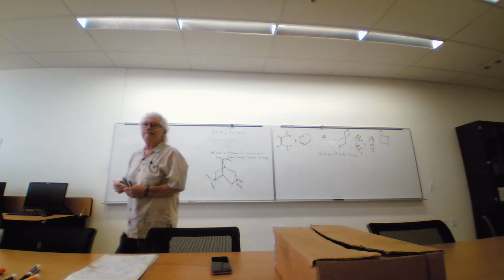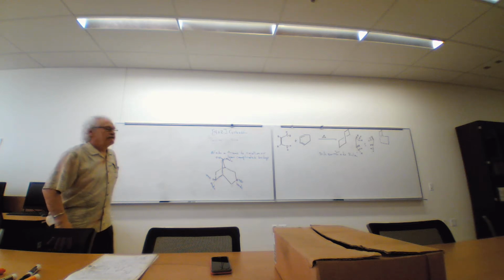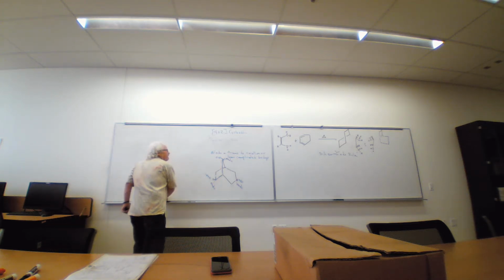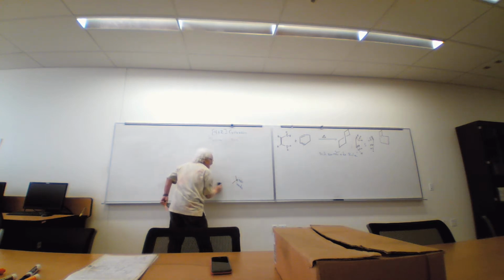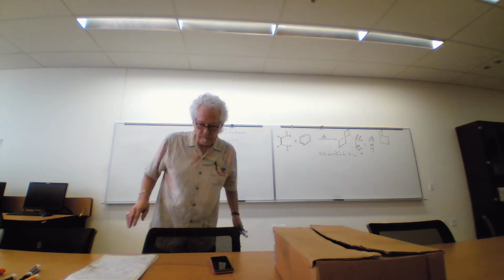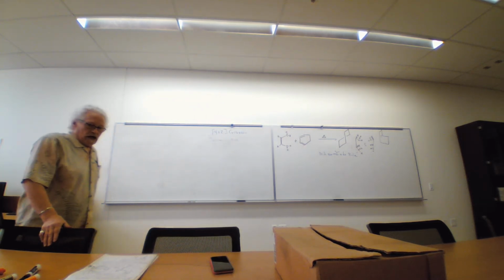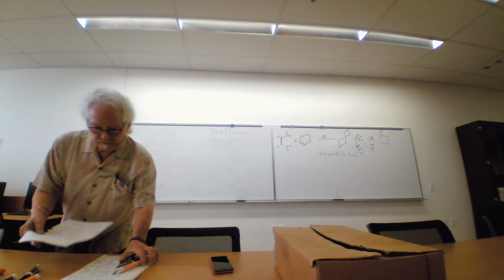Okay. Endo. And that's why the aldehydes are down. Excuse me. The fact that they are endo is because the aldehydes are down. Now comes the question of why did this happen? It has to do with this mechanism.